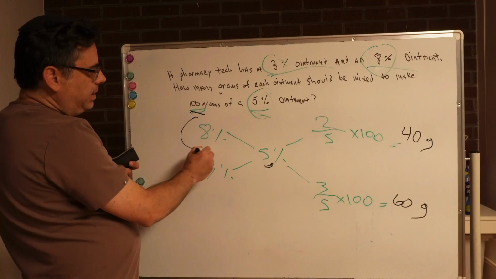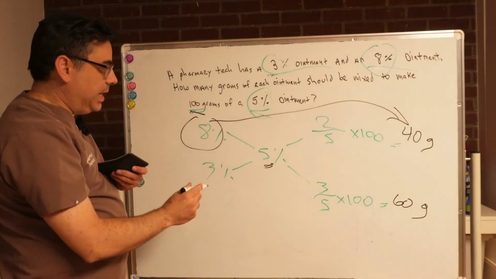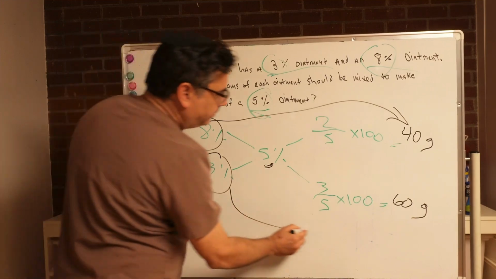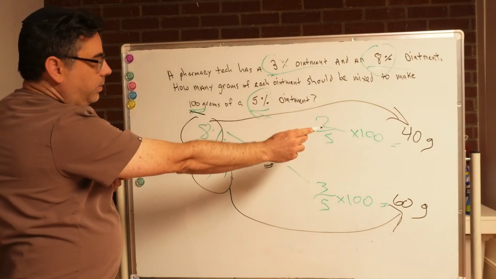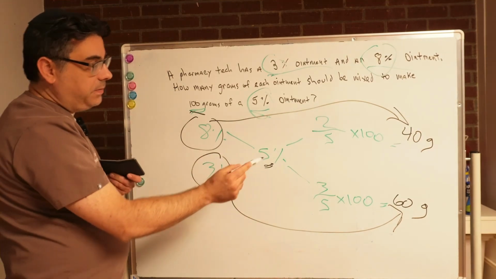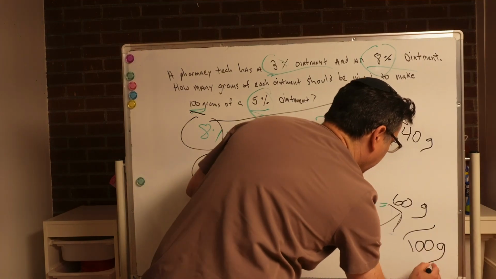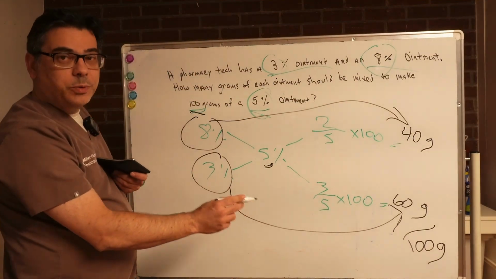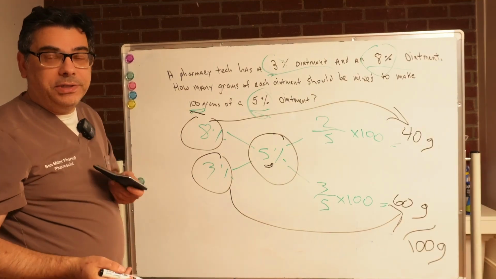So of this 8%, you're going to take 40 grams, and of the 3%, you're going to take 60 grams. So 40 grams of the 8%, 60 grams of the 3%, and that's going to give you a total of 100 grams with a concentration of 5%. And that's how you do this alligation problem.